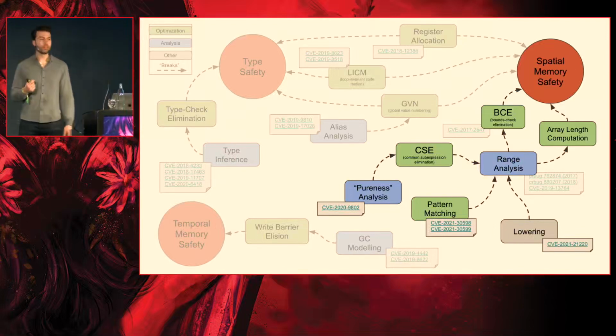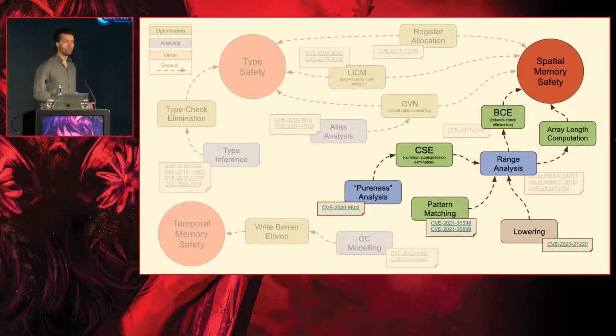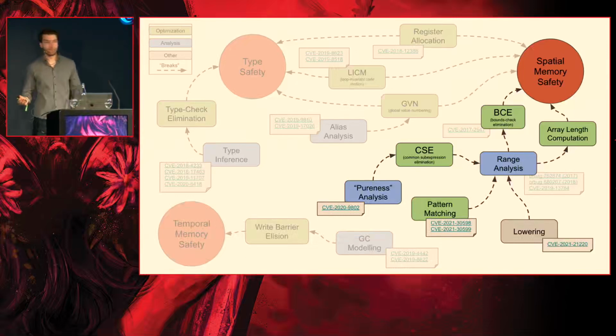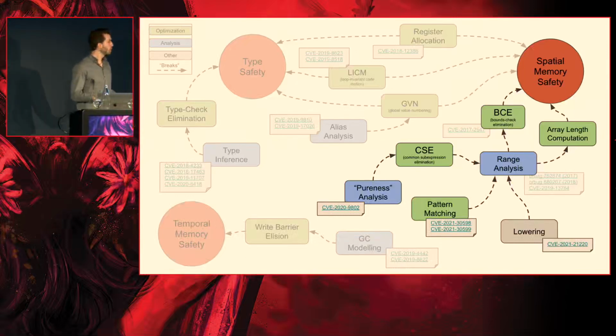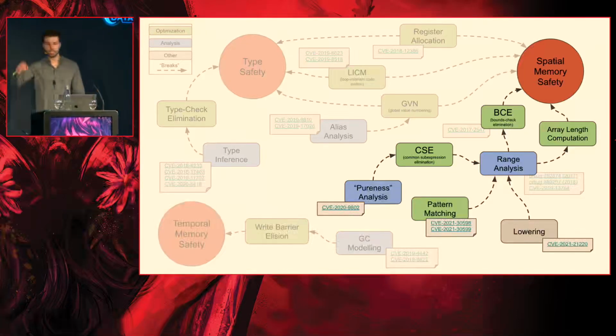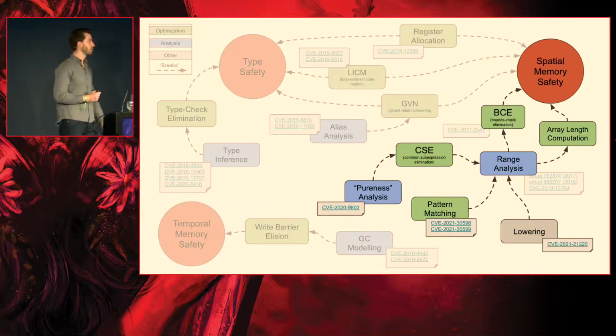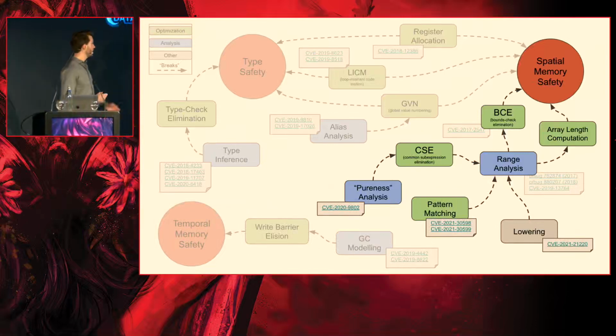And so there were a number of bugs that would effectively just lead to wrong results being computed by a function, which by itself is not a security issue, but it becomes a security issue because it then breaks range analysis and it then breaks this entire chain. So for example, there were some what I just call pattern matching bugs last year.